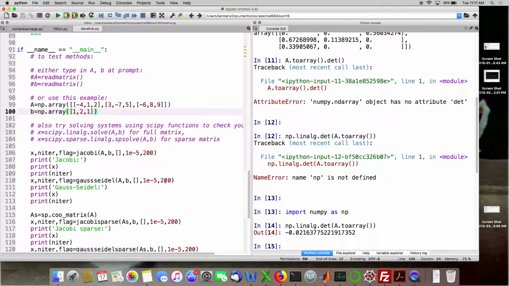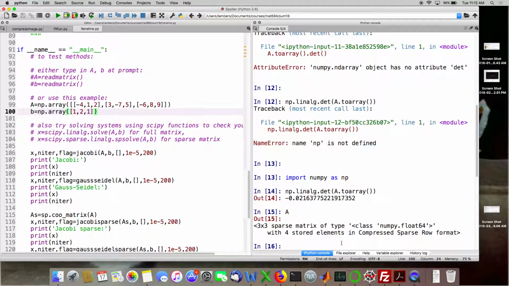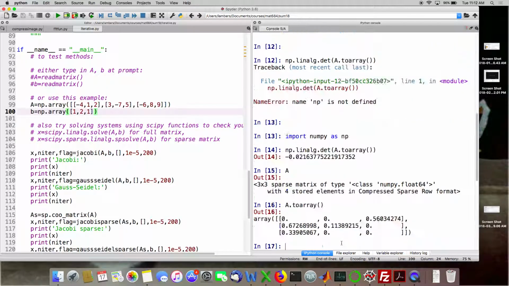I want to compute the determinant of this matrix. I can't compute a determinant on a sparse matrix, but A.toarray makes it a full matrix. And sure enough, its determinant is non-zero, so at least it's non-singular. Okay, so now I have this 3 by 3 matrix, and then I'm going to make a B. I'll just use this exact B right here.